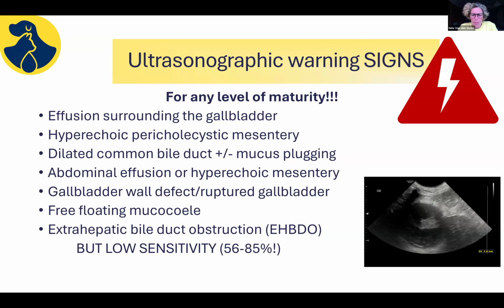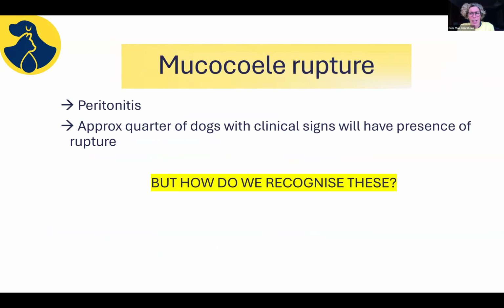But you have to remember as well that ultrasound is a very good way of checking for these things, but it has a relatively low sensitivity depending on who does the ultrasound and what your experience is. Either way, ultrasound, even in the best hands, can still miss some of the ruptures. Okay. Now, what happens when these mucoceles rupture?